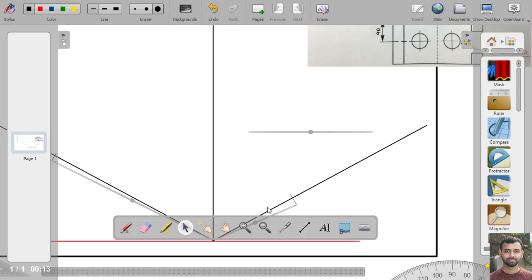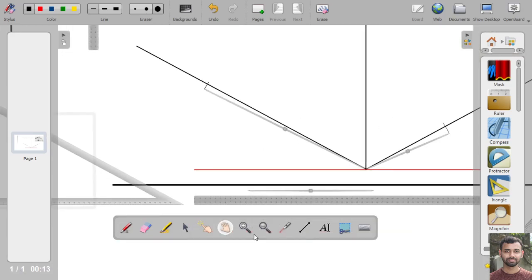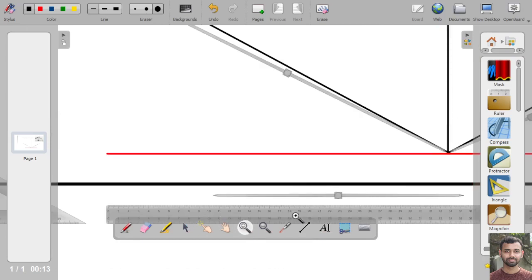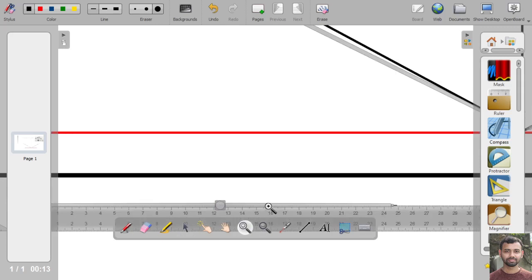It is 135 mm, so 13.5 centimeter, that means up to this point.